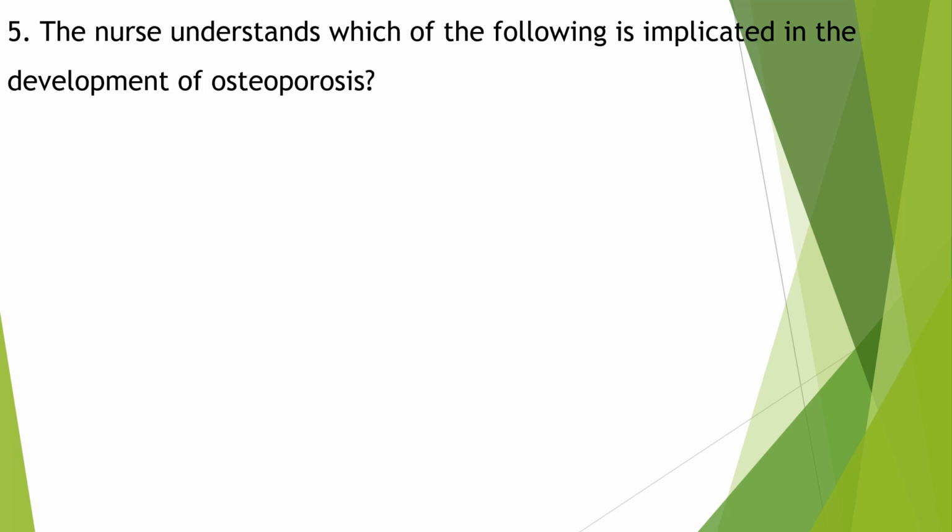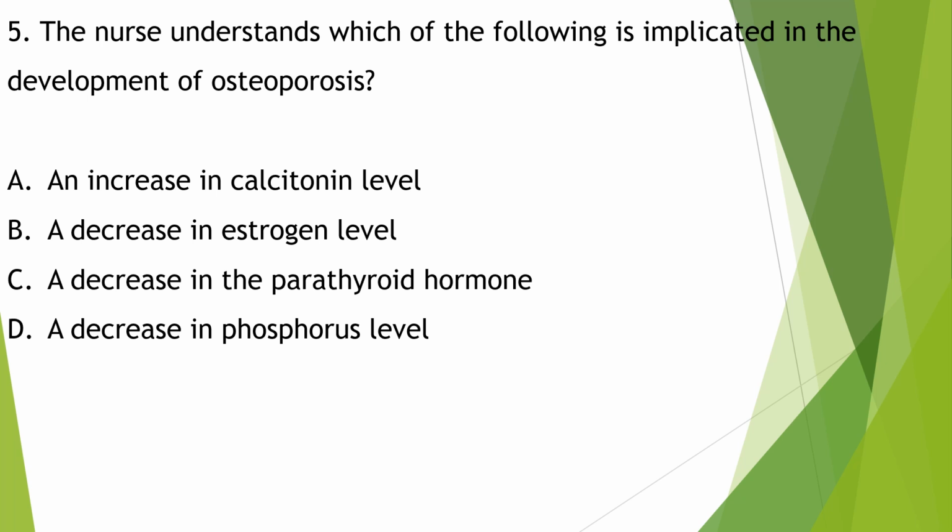The nurse understands which of the following is implicated in the development of osteoporosis. An increase in calcitonin level, a decrease in estrogen level, a decrease in the parathyroid hormone, a decrease in phosphorus level. A decrease in estrogen level inhibits bone formation.